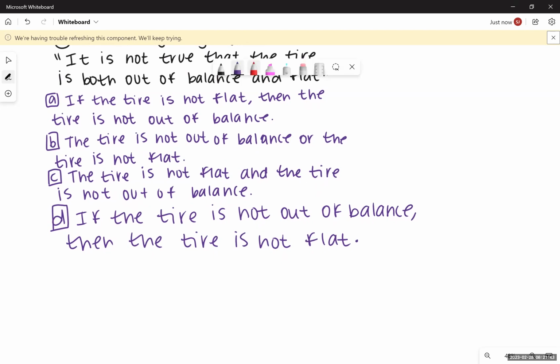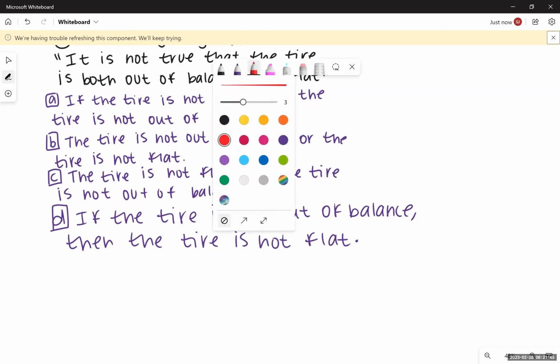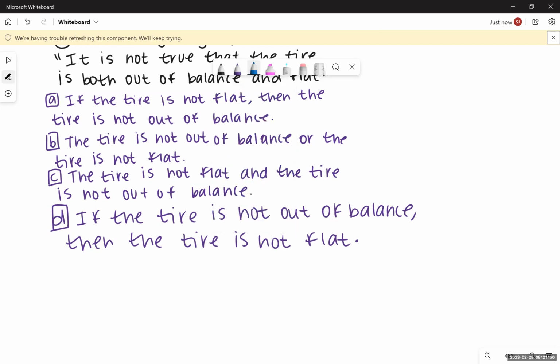I'm gonna go to, we have a dark blue. We've never used dark blue before. Okay, so this is what we do. We're going to let P be the simple statement. You want to exclude the negation from what they give you. So the given statement says it is not true that the tire is both out of balance and flat.